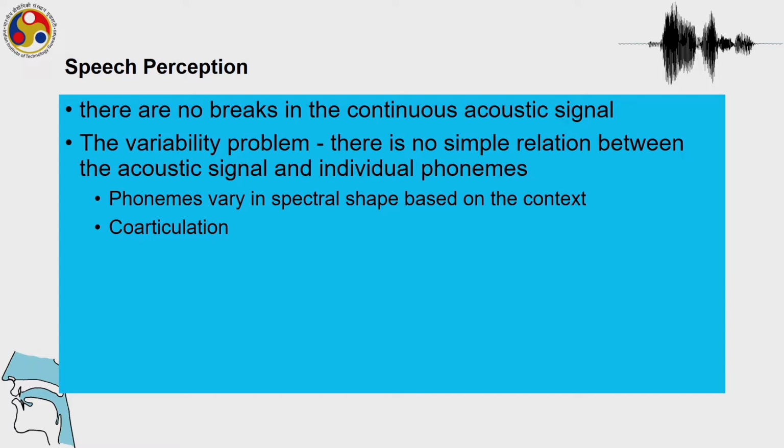So, depending on the following vowel, the K in cart will have different formant transitions, unlike kit. This is what we talked about in the first class, that they are different in the way the acoustic properties will show.